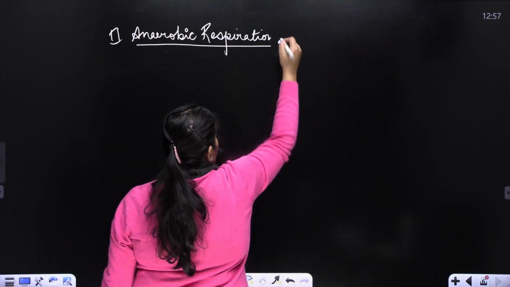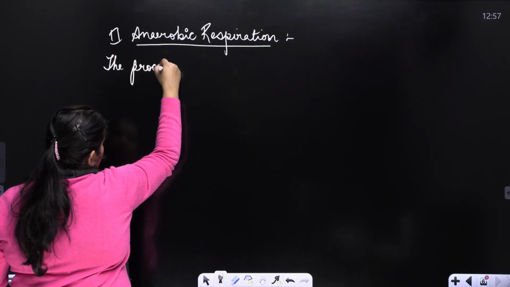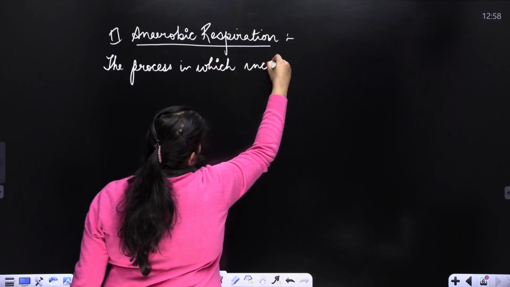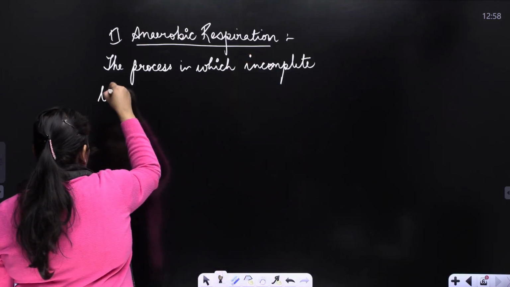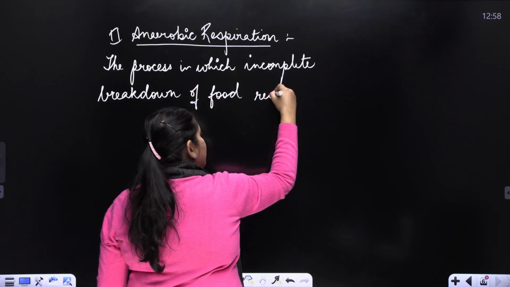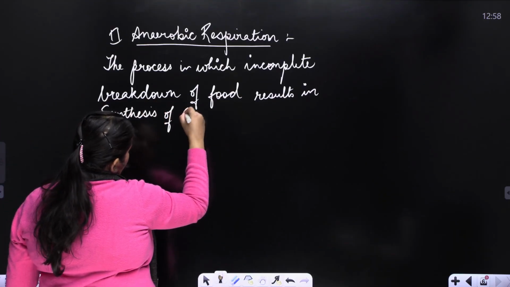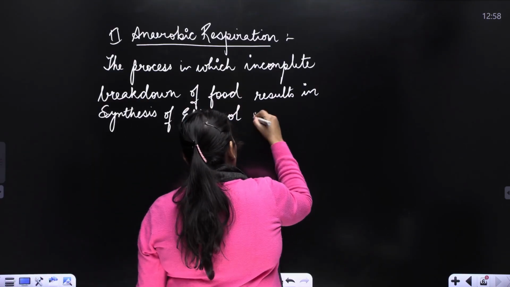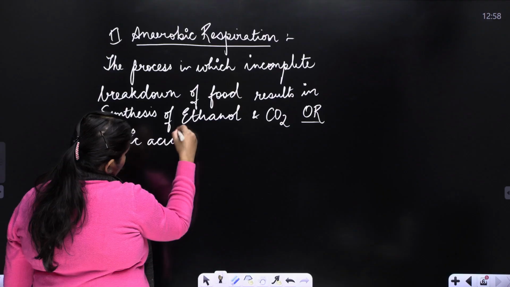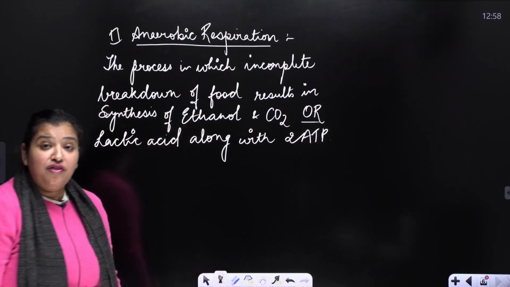The first one that you have to remember is the process in which incomplete breakdown of food results in synthesis of ethanol and carbon dioxide or lactic acid along with 2 ATP. This is the definition of anaerobic respiration.